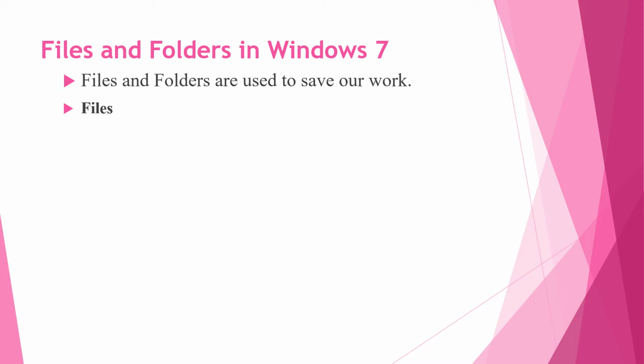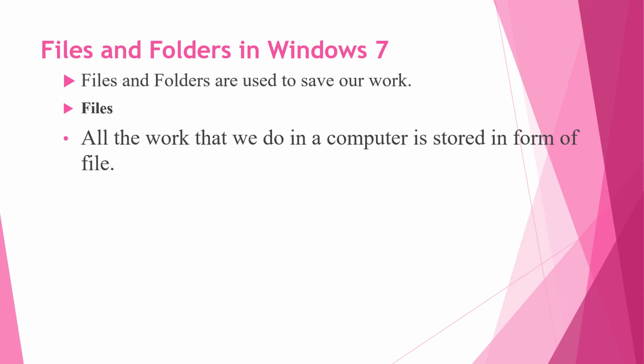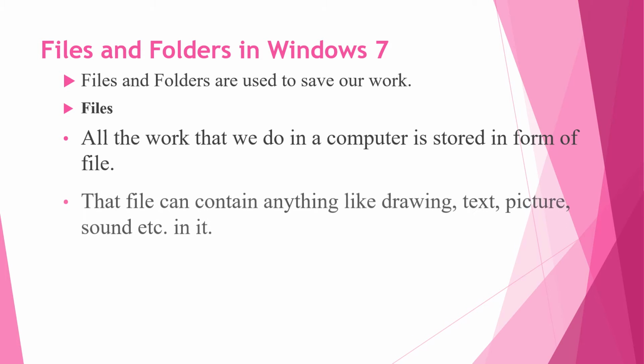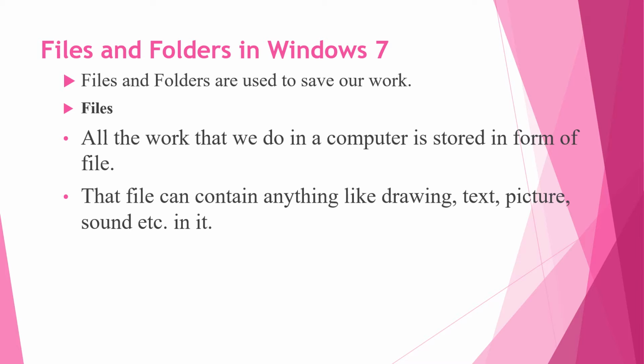Let us study about files first. All the work that we do in a computer is stored in a form of file. That file can contain anything like drawing, text, picture, sound, etc. in it. Every file has its unique name.